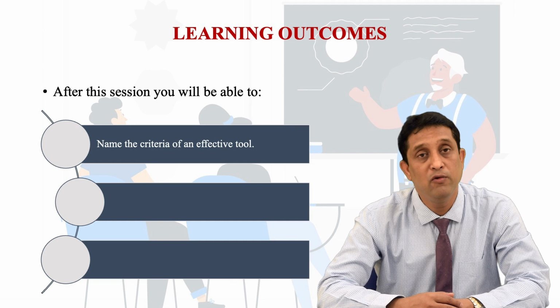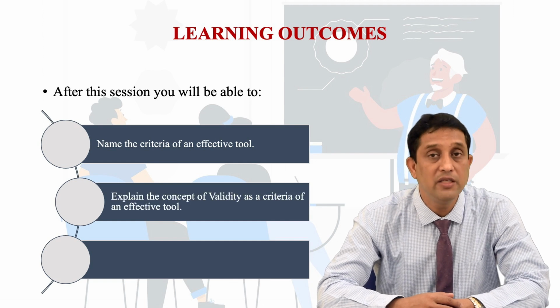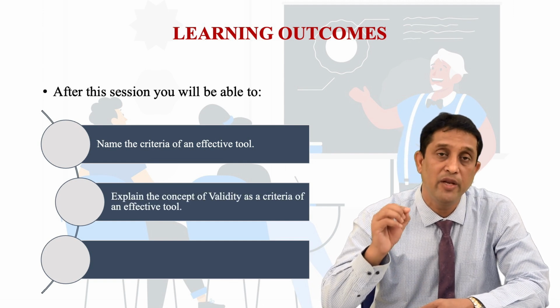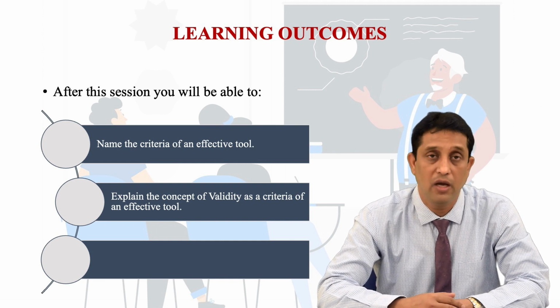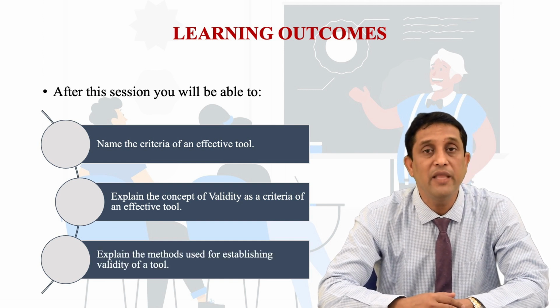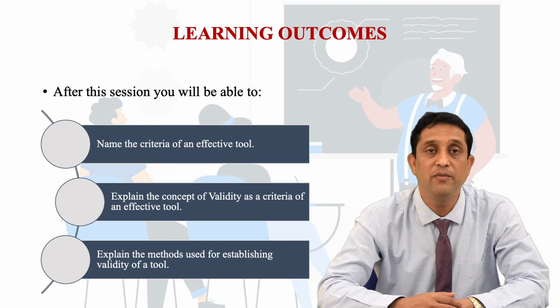Further, you will be able to explain the concept of validity as a criteria of an effective tool, and explain the methods used for establishing validity of a tool. So our concern is to understand the concept of validity first, and then we will analyze different methods that we can use for establishing validity of a tool.